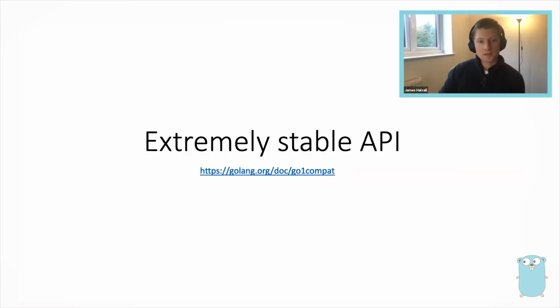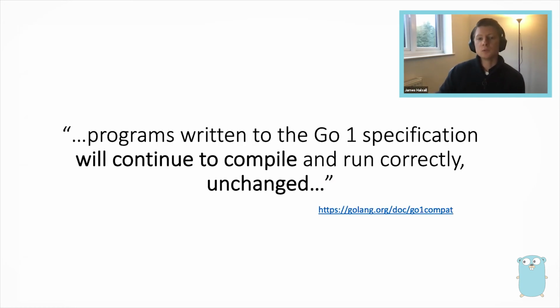Well, the backwards compatibility promise that Go has is probably the best one I've seen in a programming language. How many times have we been on, say, a version of PHP and we want to update it, but we can't because there've been some backwards compatibility breaks, or we just don't have the confidence that everything's going to continue to work. Well, the Go 1 specification says that anything that's written for Go 1 during any lifetime of that will continue to work in the future.